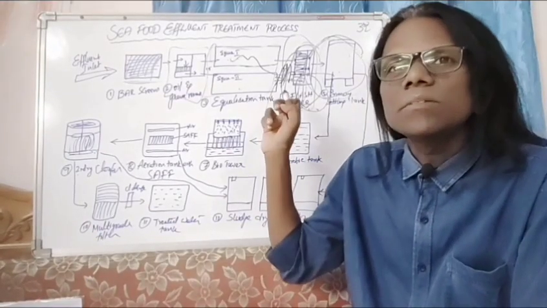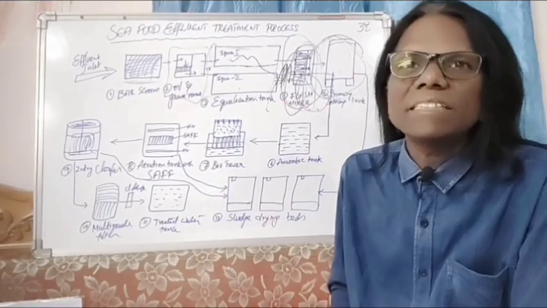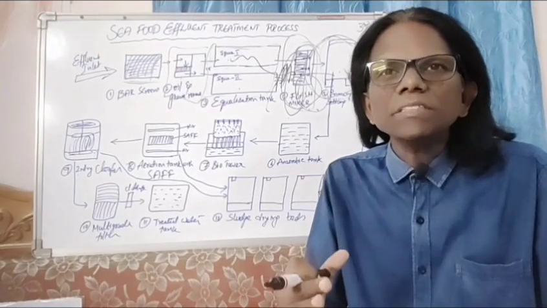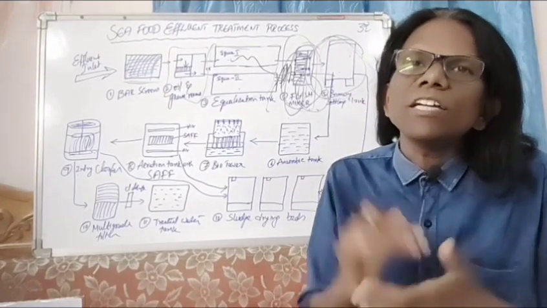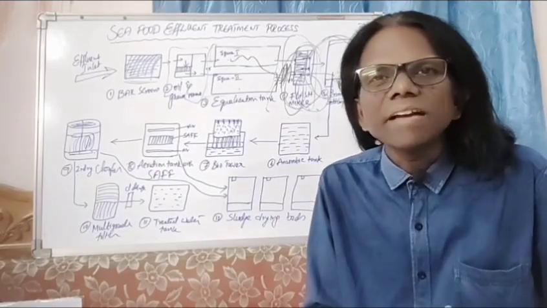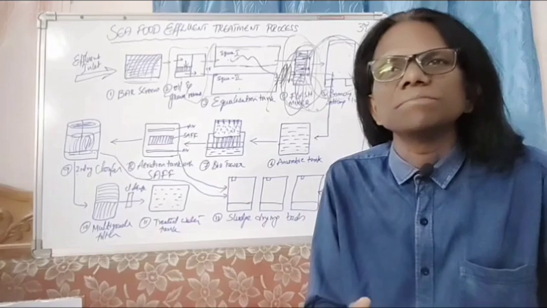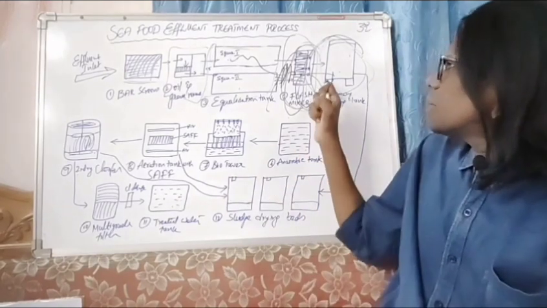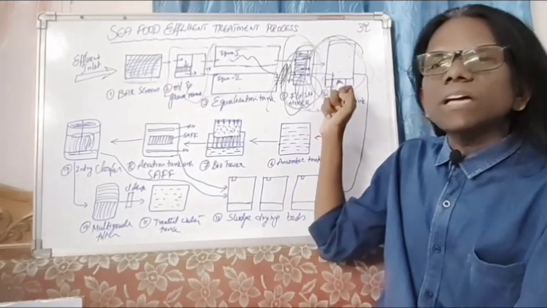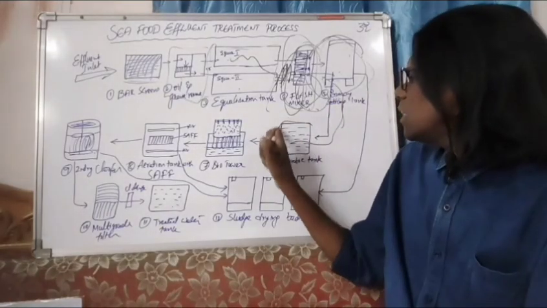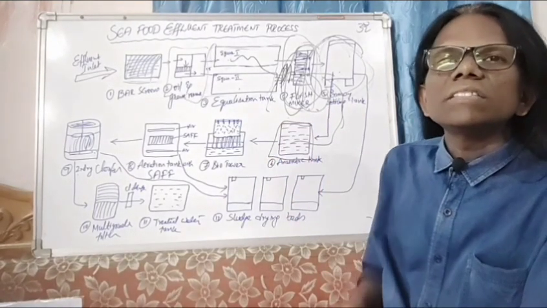So this is how the process takes place in the primary settling tank. In the primary clarifier, 90% of the settleable solids, 40% of the suspended solids and 25% of the total BOD can be removed.